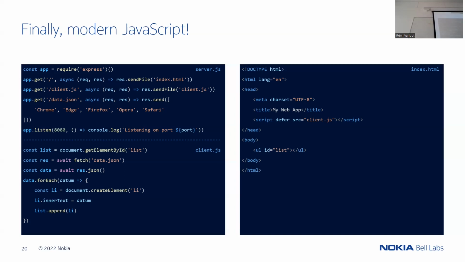Let and const basically got smart. So if you want to define variables, use const. Unless you need to reassign that variable, then use let. Use const. That was one of the big things that actually made detecting errors a lot easier. Another thing you'll see here is arrow functions, which is kind of like lambda functions in Python.